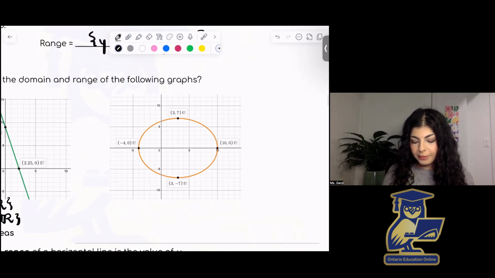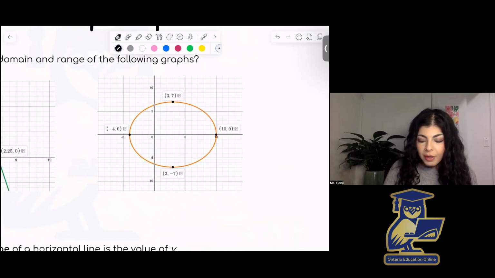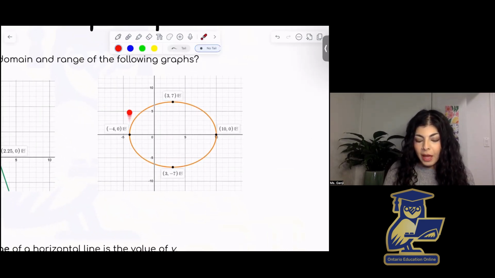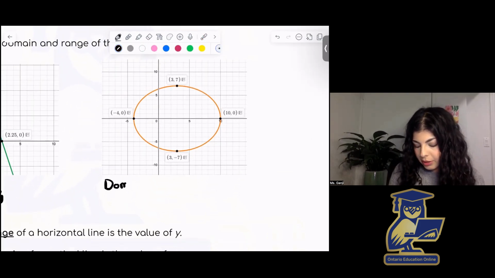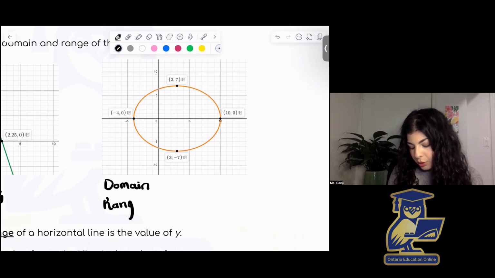Now, for this one, we have two restrictions here. I am limited from x on two sides and from y on two sides. So here we're going to see a domain and range that looks a little different than the ones we've seen so far. So for domain, we still have x is in the real numbers and y is in the real numbers. So always starting with that.